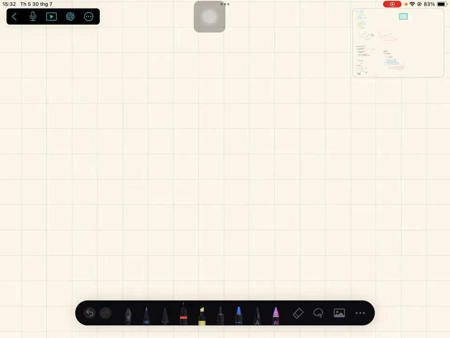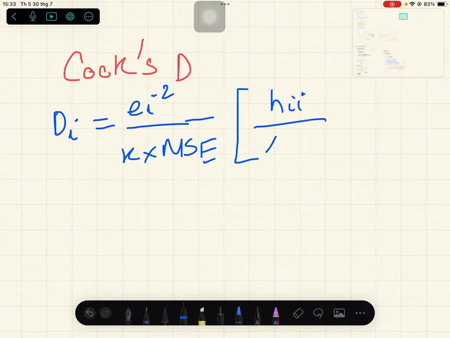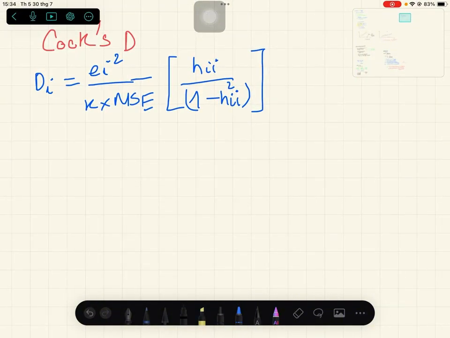Historically, analysts also use another measure called Cook's D. Instead of looking only at leverage or only at residuals, Cook's D asks a more direct question. What happens to the regression model if we completely remove this observation? If deleting one observation causes the regression coefficients to change substantially, Cook's D becomes large. Here, e_i is the residual for observation i.